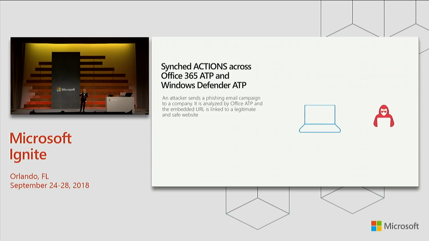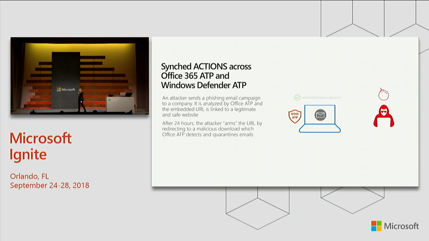Another one, and this is the one that will be explained a little bit, not the same case, but a similar Office integration. So imagine an attacker sends a phishing email, and at the moment when it gets analyzed, it's kittensacute.com, and it's a good link destination.